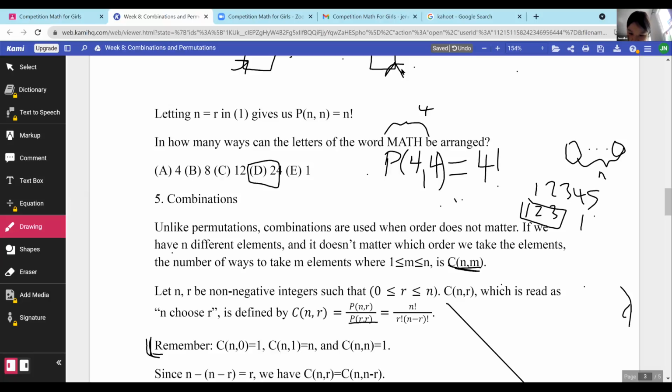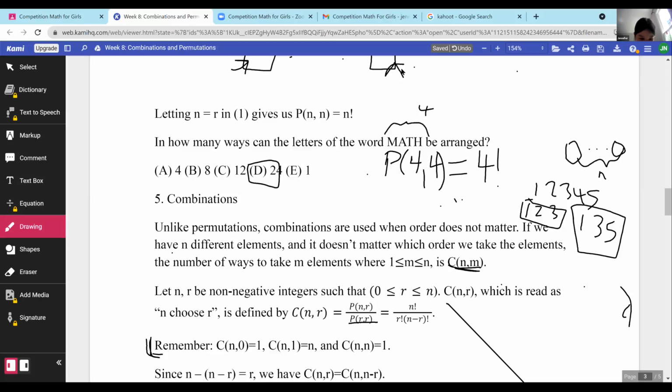And 1, 3, 5 is also a combination. Wait, so it's the number of choices you can get from n? Yeah. Okay, thanks. No problem.